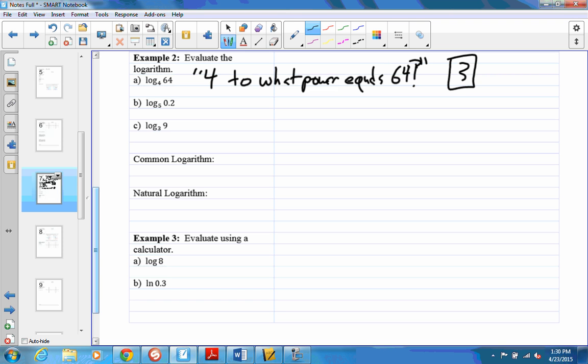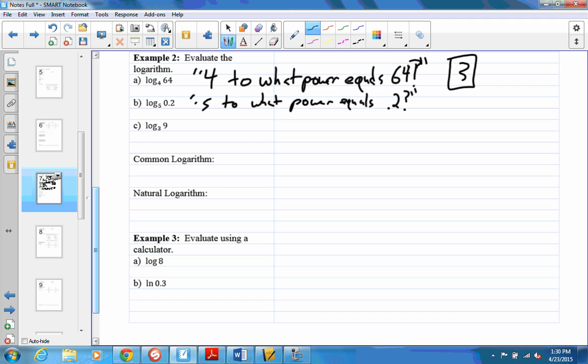All right. So writing this out, 5 to what power equals 0.2. That one's tougher. If you wanted to set it up like this, guys, really, you're looking for kind of like an x, right? You're looking for an unknown, like a variable. So what power am I looking for?